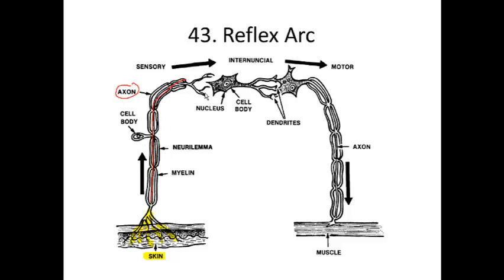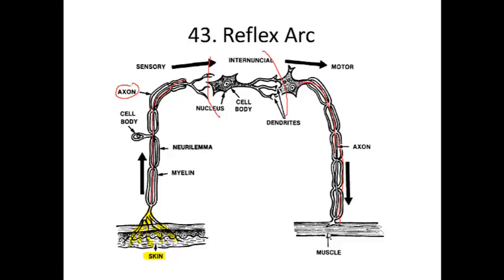The axon is made of myelin, where it will go through a cell body. So this kind of transfers this from the sensory side of the axon, from the nerve side, and that will go to the motor side. So this is connected again by an axon made of myelin, and that is connected to a muscle cell.